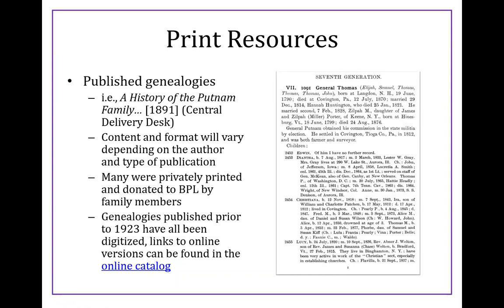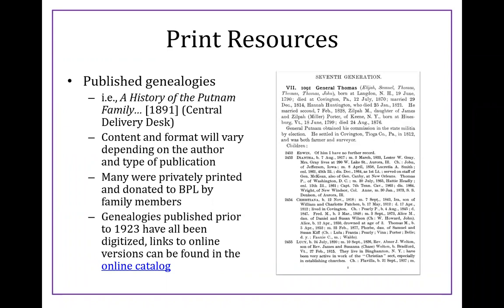A lot of them, the standard layout is going to be this example on the right from the history of the Putnam family. It'll have an entry for a person, it'll have their name, and in parentheses next to it the line of descent to the first person in the book, the person considered the primary ancestor. It'll have information about where they were born, when they died, their spouses, and their children.